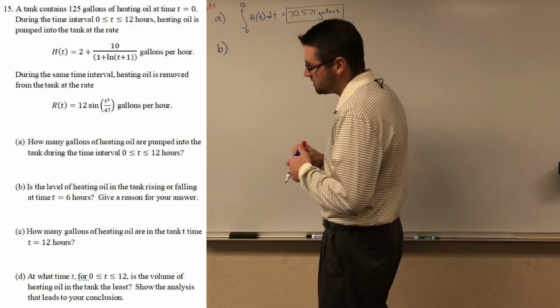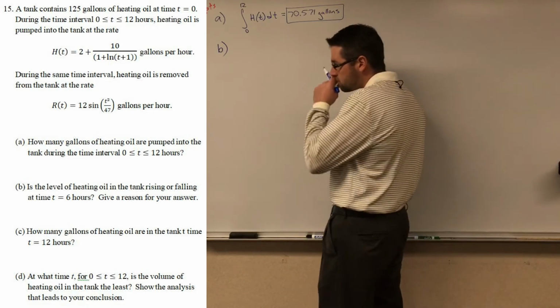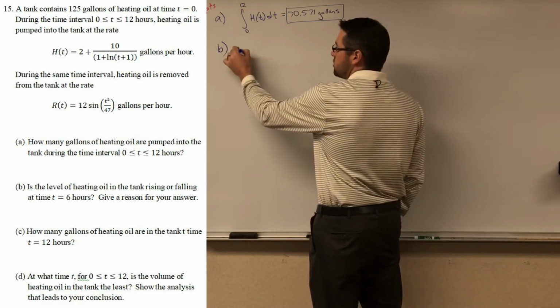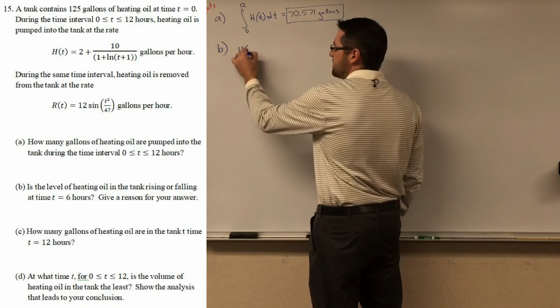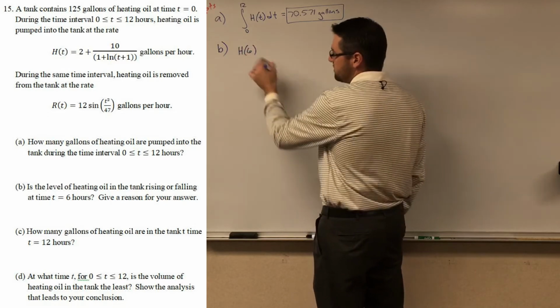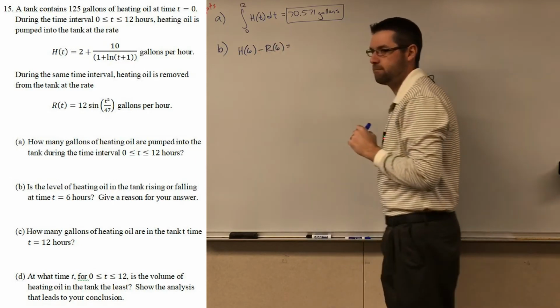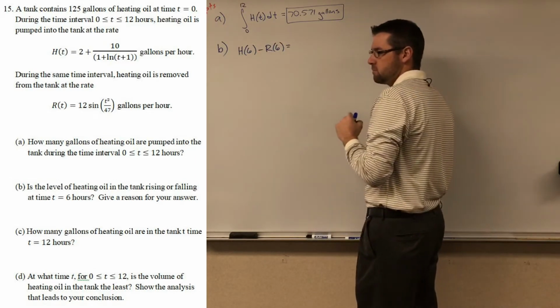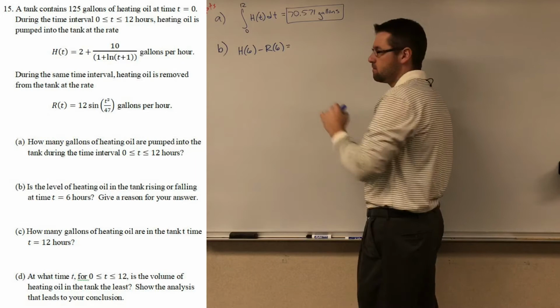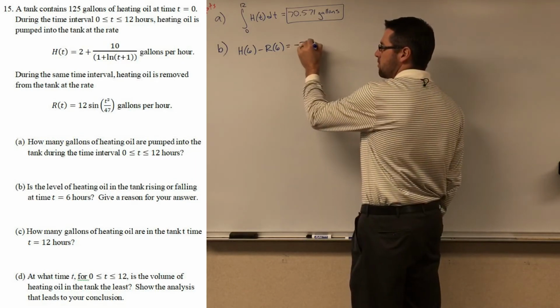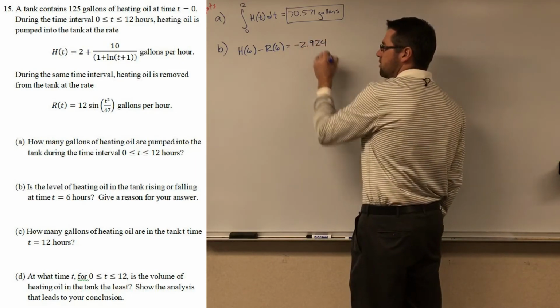So how am I going to evaluate this at t equals 6? H of 6 minus R of 6. Okay, so we're looking at rates. H of 6, there's a couple ways of doing this. H of 6 minus R of 6 is what? Negative 2.924. Okay.